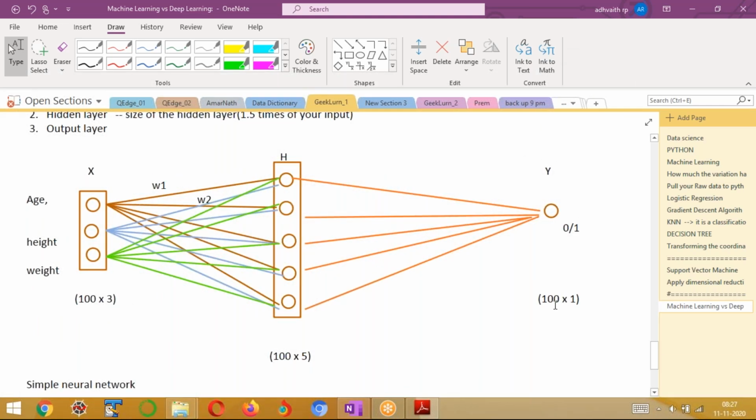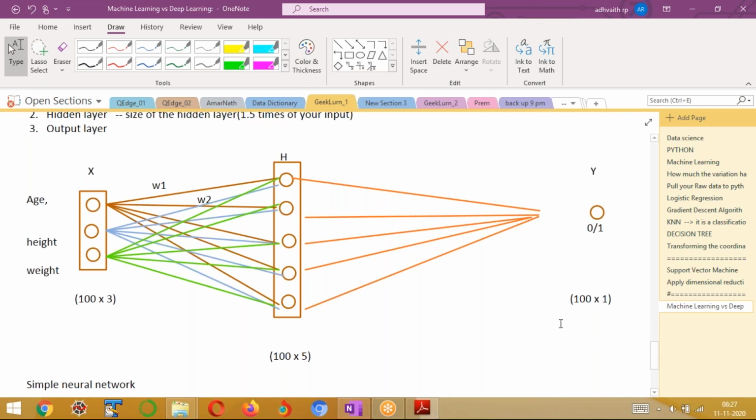100 by 1. Here I need to move it slightly, because this is your actual Y. So you are trying to predict these values. This is just for your imagination. But what will you actually calculate, guys?